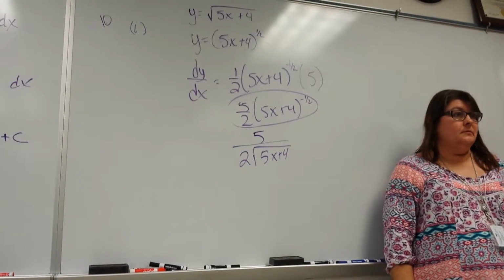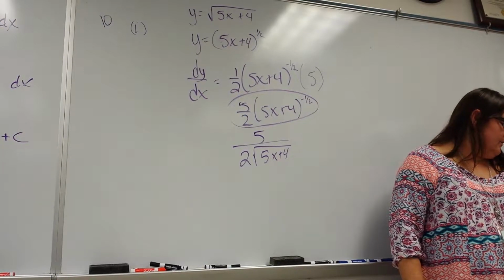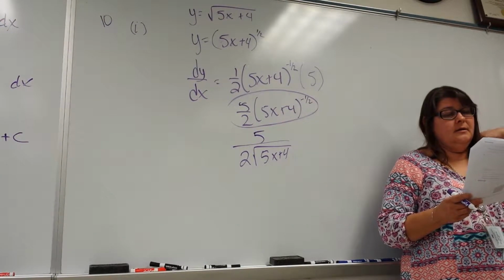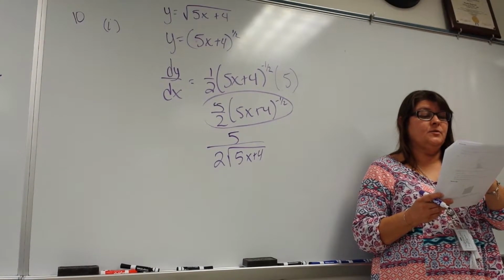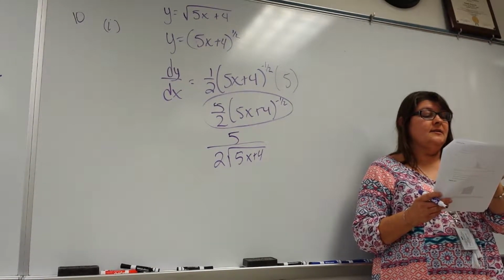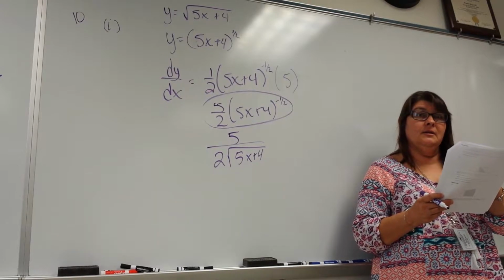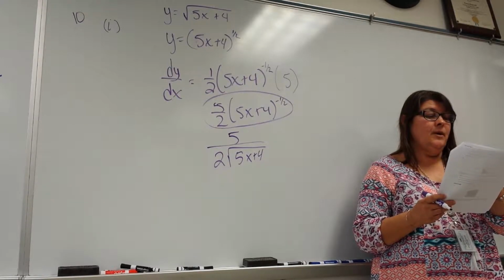Okay, so what does the next piece say? A point (x, y) moves along the curve in such a way that the rate of increase of x has a constant rate of 0.03. So dx/dt is 0.03.